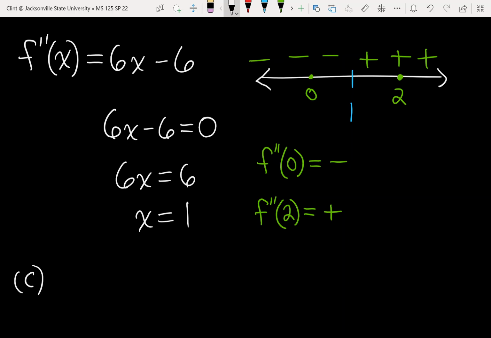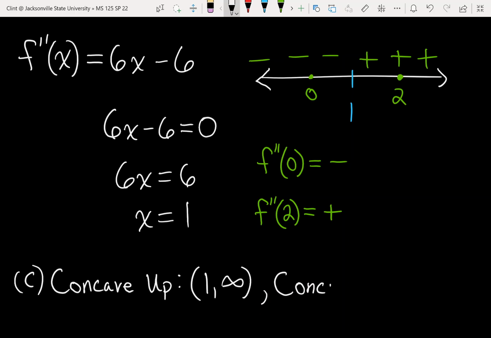We want the intervals where we're concave up, concave down, and any inflection points. We are concave up wherever we have a positive second derivative. So what's our interval there? Starts at 1, goes to infinity. For concave down, wherever our second derivative has a negative sign.